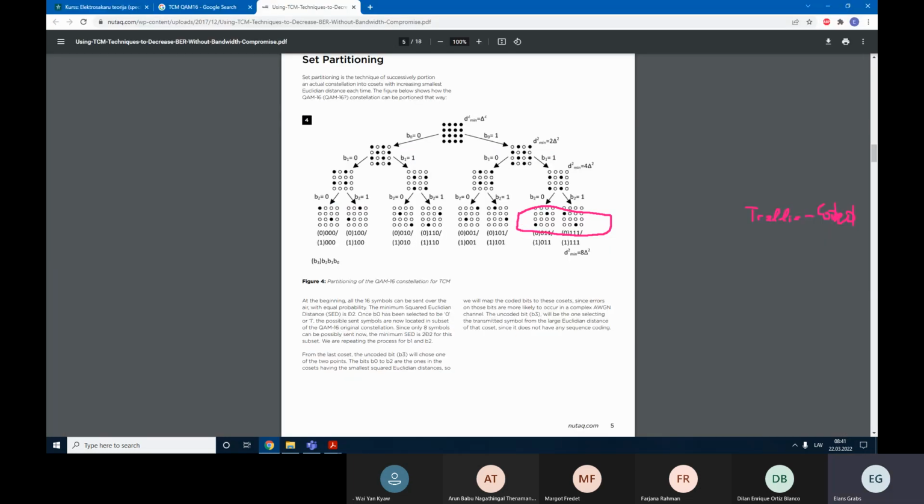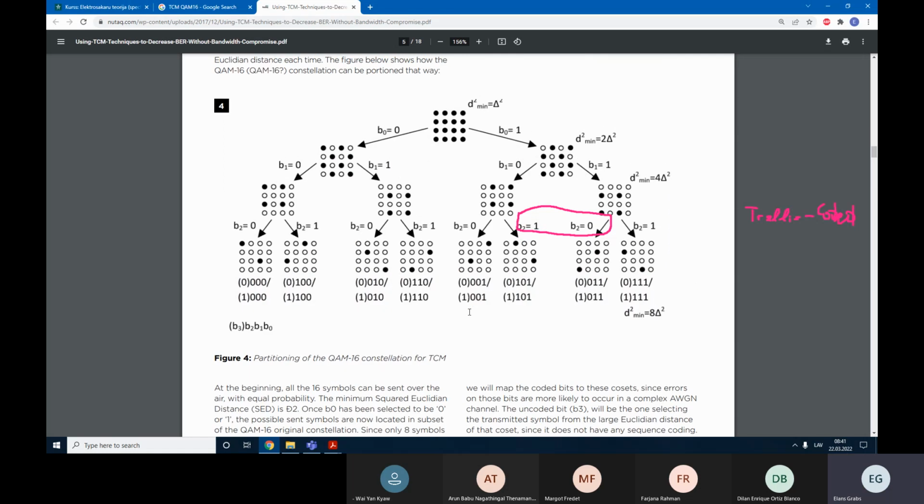Here you can see that we assign, for quadrature amplitude modulation 16, the code words in another way. We assign specific points, specific code words. So in this particular case, we have a 1-bit difference for these 2 points, which are not exactly near each other.